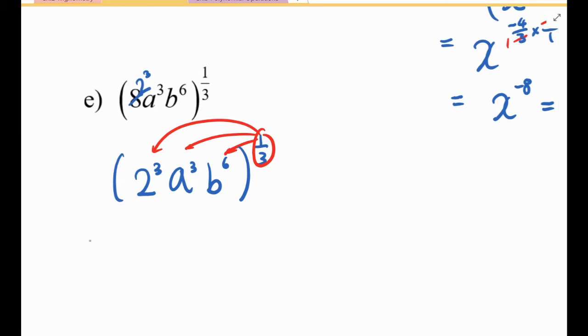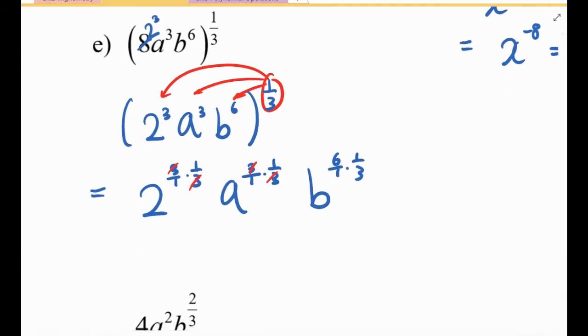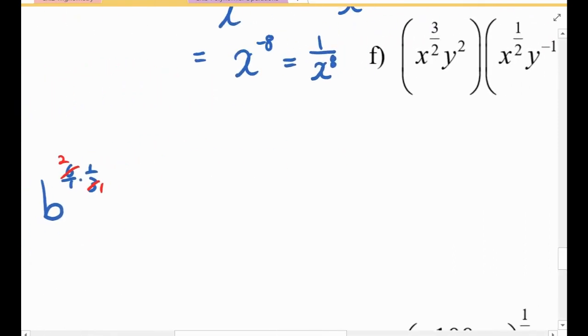We're going to distribute this into the bracket. 3 over 1 times 1 over 3 for a, b 6 over 1 times 1 over 3. So the 3s cancel out. 2a and b squared. So 2ab squared.